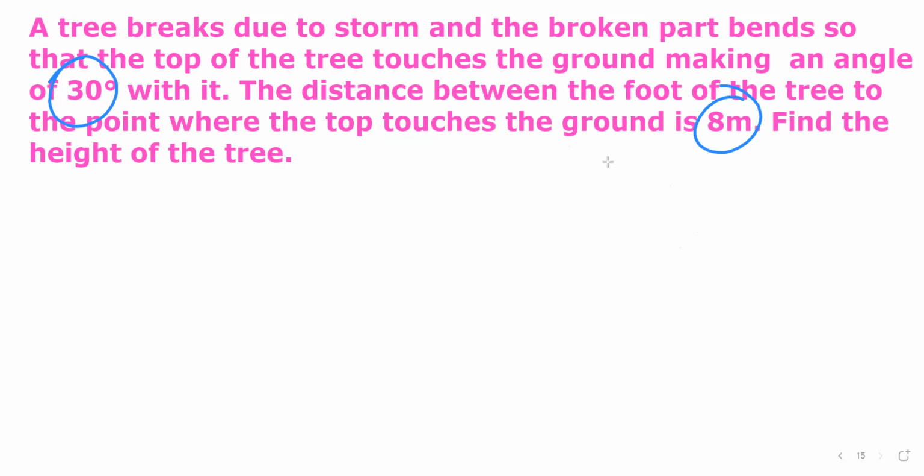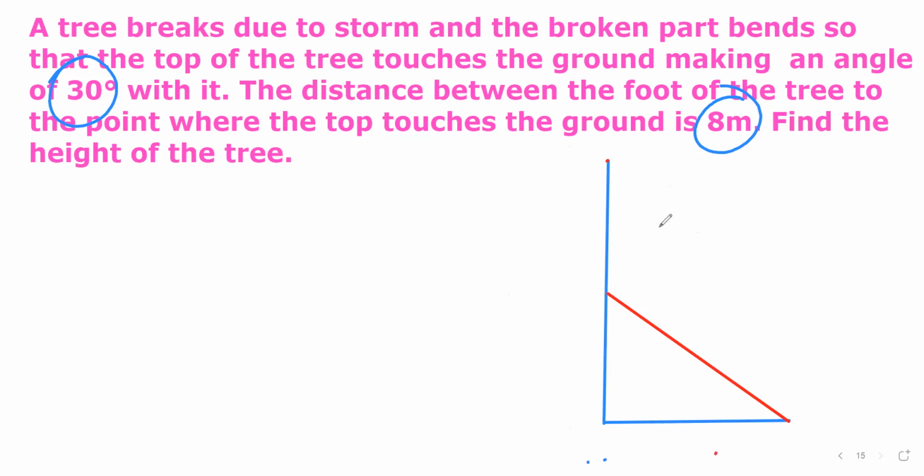So this is the tree. And it is broken and touches the ground here. And now here we have to see that.